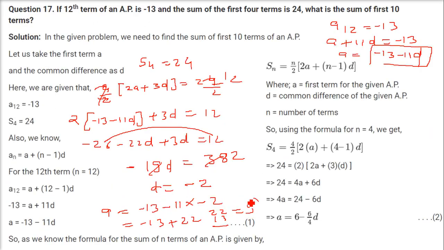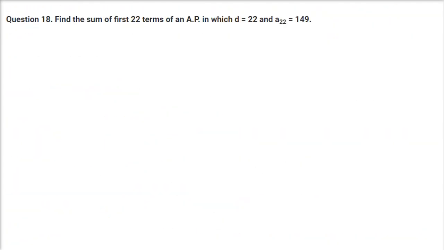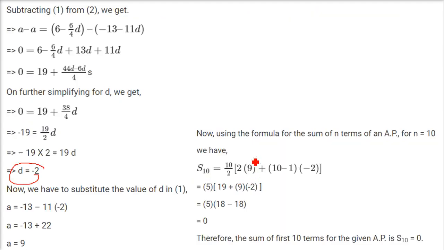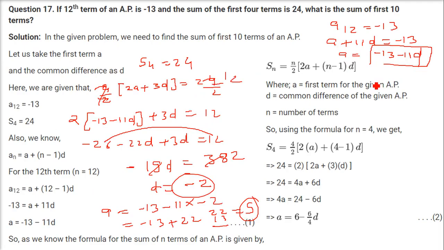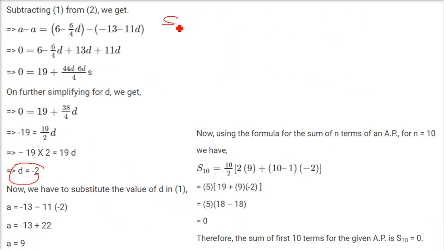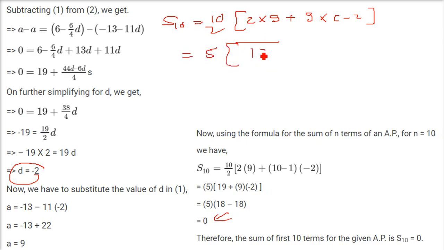Now we know the terms, so we can find the sum of whatever number of terms is given, here the sum of 10 terms. S10 will be equal to 10 by 2 into 2A, A is 9, plus 10 minus 1, that is 9 into D. D is also known, minus 2. We just have to solve this and it is going to be 0. Let me do it for you: 2 9s are 18, minus 9 2s are 18, 18 minus 18 is 0.